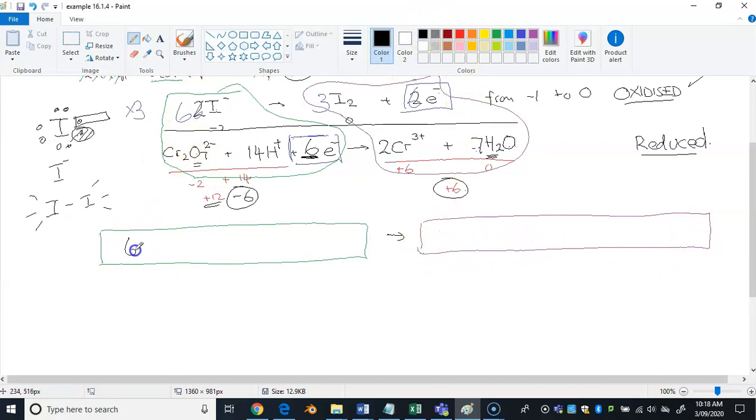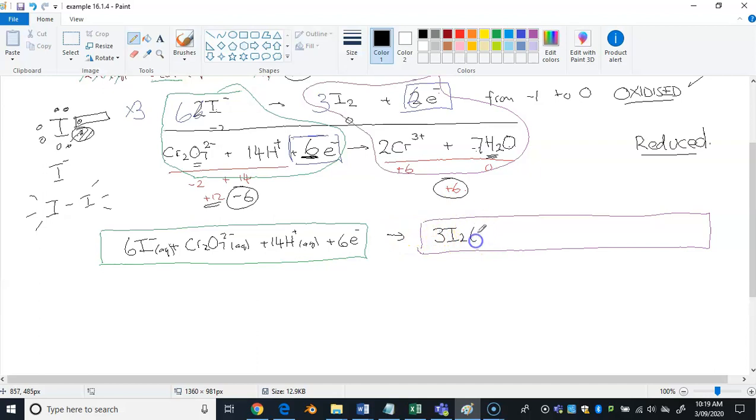So I've got 6I⁻ plus Cr2O7²⁻. Let's put aqueous there and put aqueous there. Plus 14H⁺, which is also aqueous, plus 6 electrons. And this gives me 3I2, which, does it tell us what the state is for I2?